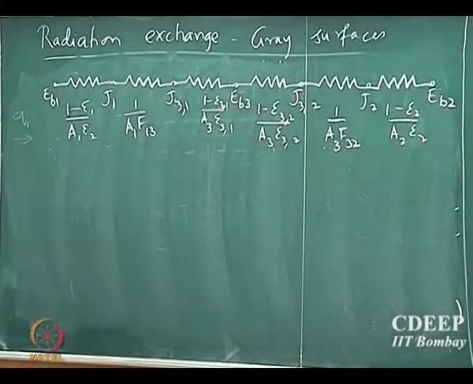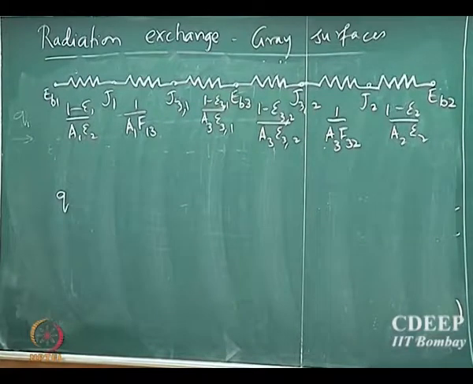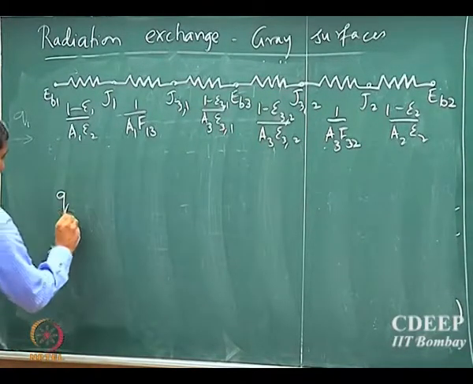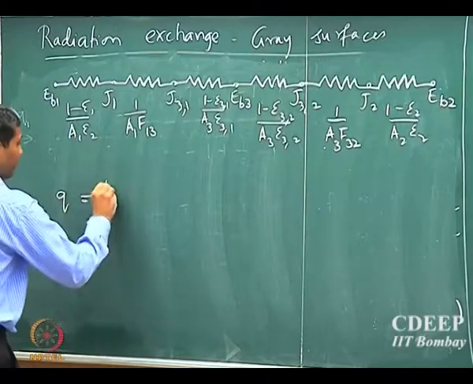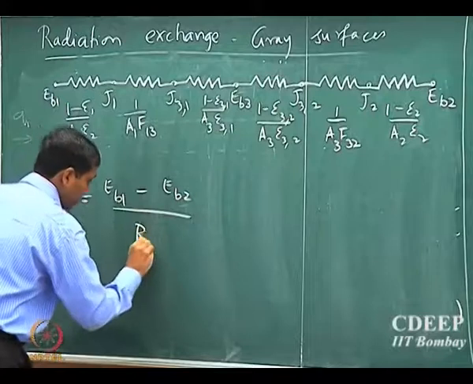Okay. So, now we can find the net radiation exchange between the first and the second surface. So, that will be (EB1 minus EB2) divided by R total.